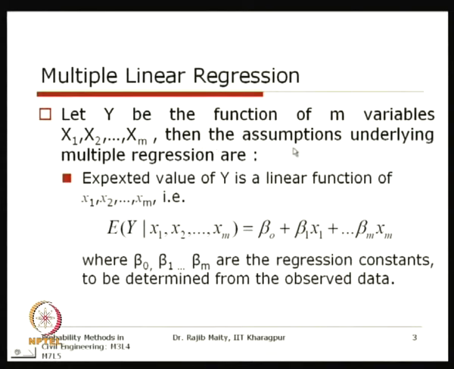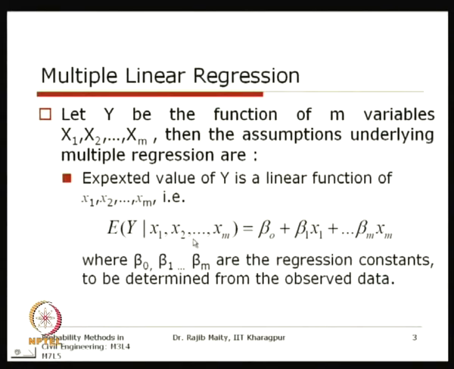Then the assumptions underlying multiple regression follow the same principle that we discussed for simple linear regression in the last lecture. We are trying to find the expected value of y given the input of x1, x2, x3 up to xm.